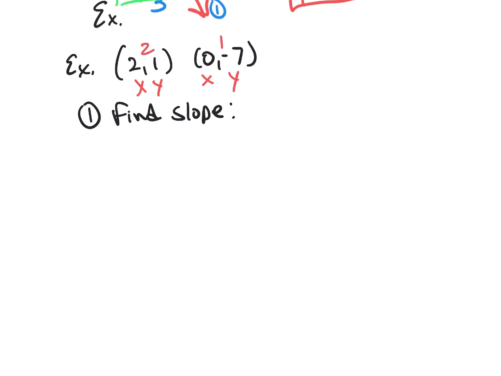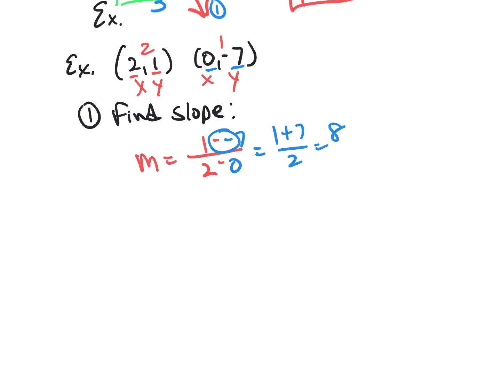Group 2, group 1. So m is 1 over 2, right? That's where this is coming from. And it's always minus negative 7 over 0. So we have two negatives, so that becomes 1 plus 7 over 2. So we get 8 over 2, which is 4.